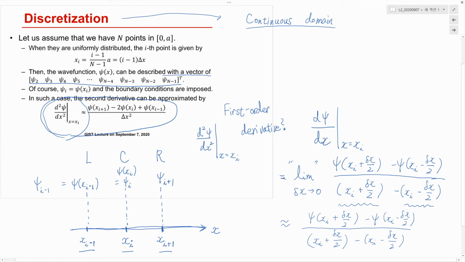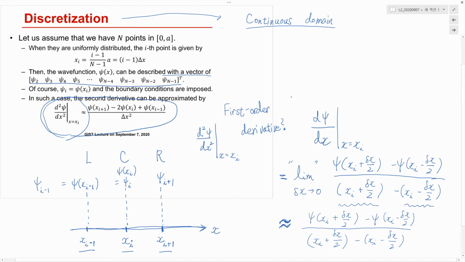So can we justify it? Actually, we have no inherent justification for this assumption. This is the exact definition, but there is no guarantee that this approximated ratio would be close to the real first order derivative. But we believe that this is good enough.